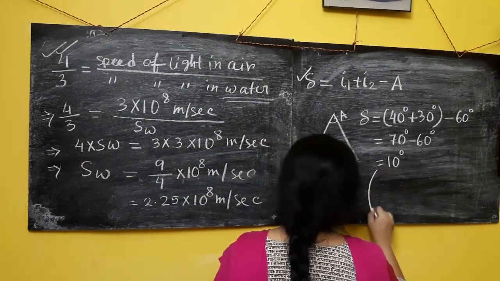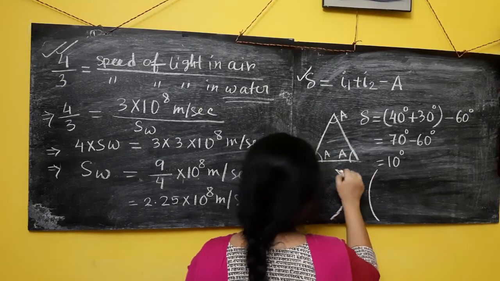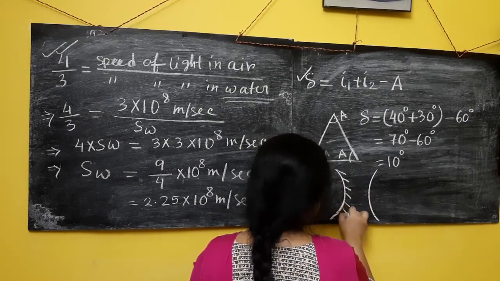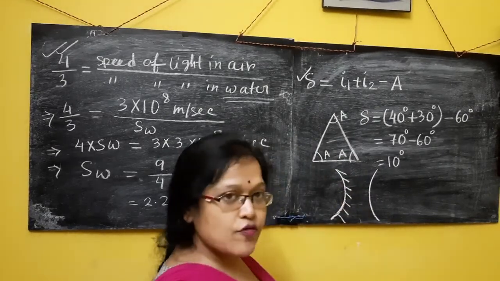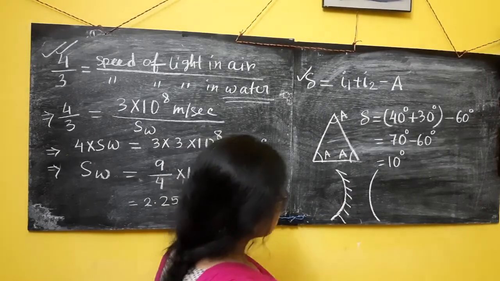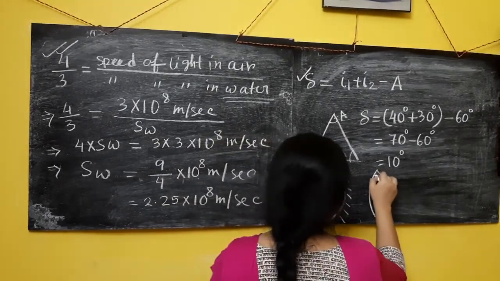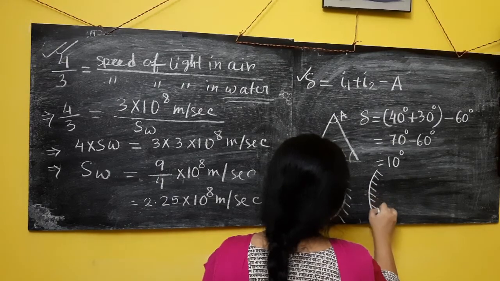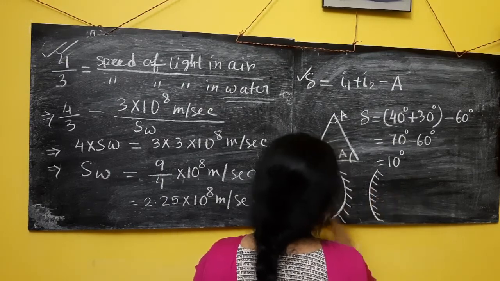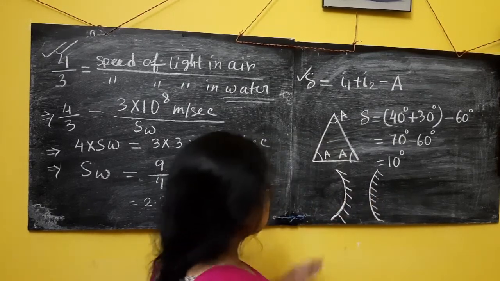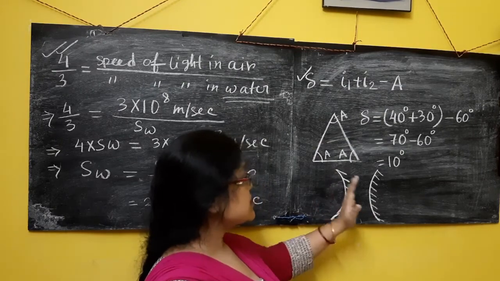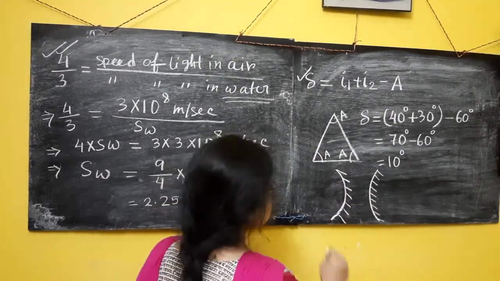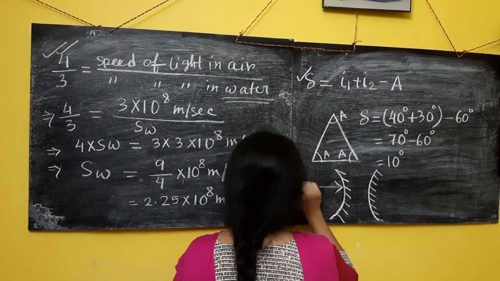If this is a concave mirror, its reflecting surface will be like this. This is the structure of a concave mirror. What is the structure of a convex mirror? This is the convex mirror, whose reflecting surface is on the inside of the bulge, and here the reflecting surface is on the outside of the bulge. So this is the concave mirror, remember?